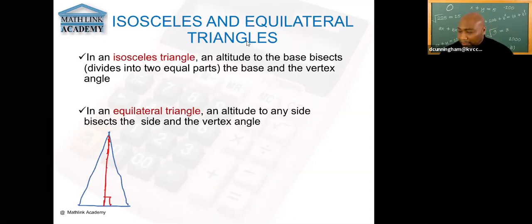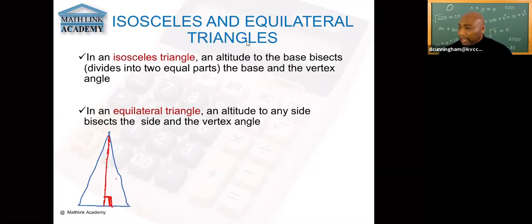Notice I have that square that says that's 90 degrees. Now notice we have two triangles, one here and one here. I'm not focusing on the two triangles, but on what this property is saying.